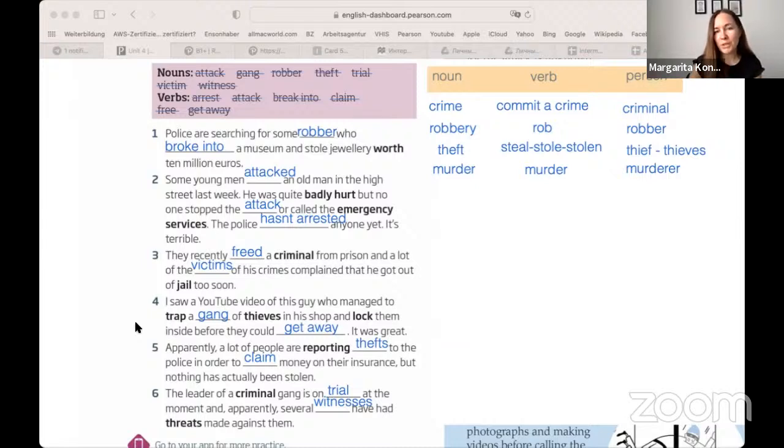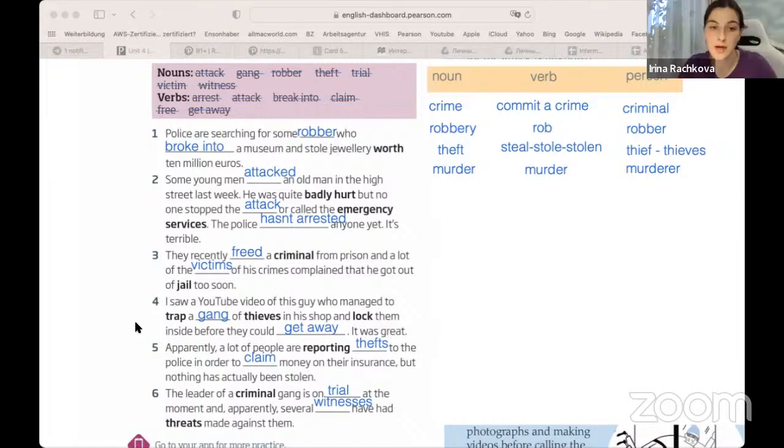Выпустить преступника из тюрьмы. Free a criminal from prison. Отлично. Группа грабителей. Gang of robbers. Yes, okay, very good. Совершить преступление. How do you say this one? Commit a crime. Подать заявление на деньги от страховки.